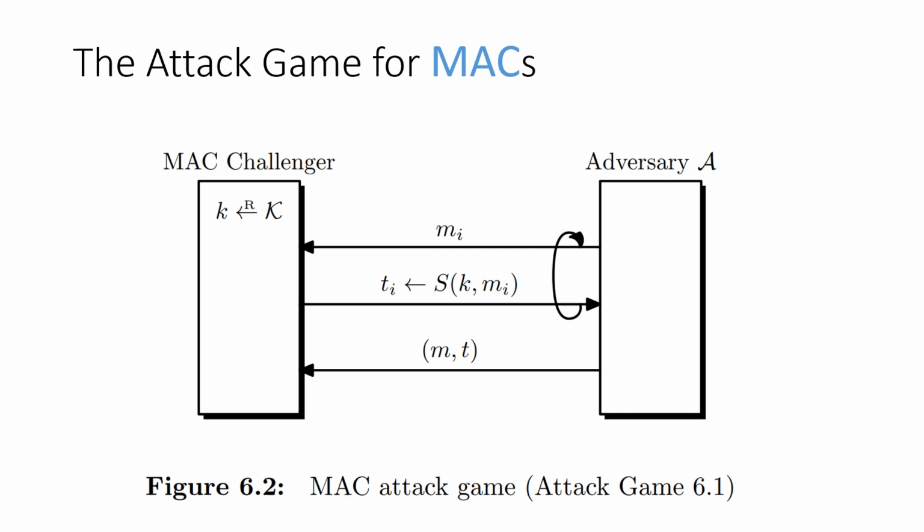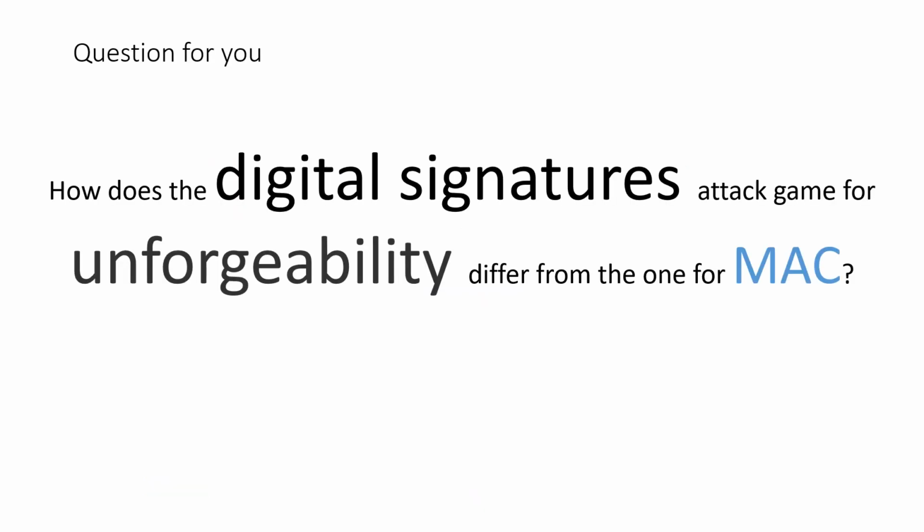How does a game for digital signatures look as compared to the game for MACs? So let's take another minute. How does the digital signatures attack game for unforgeability differ from the one for MACs?